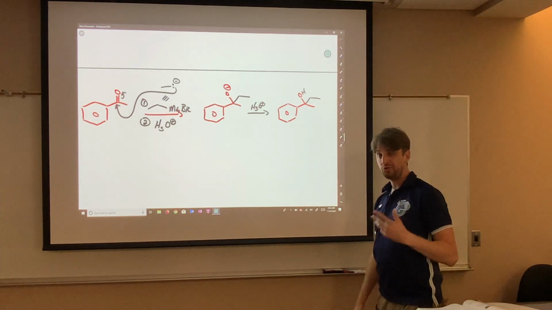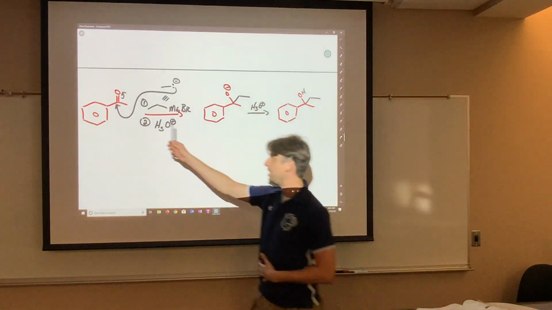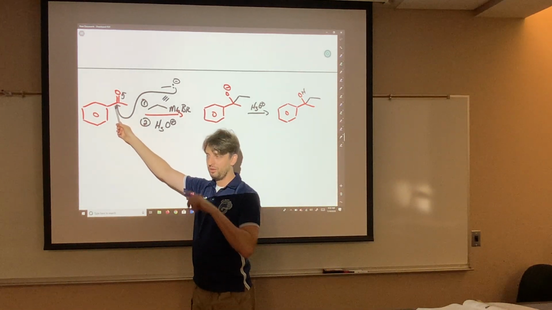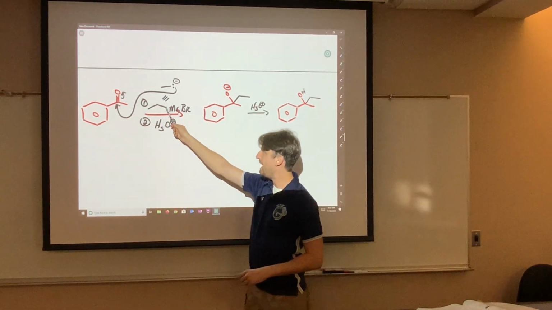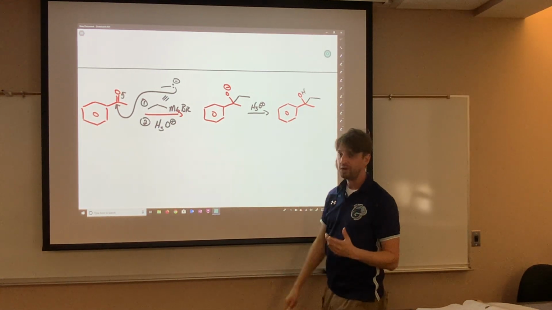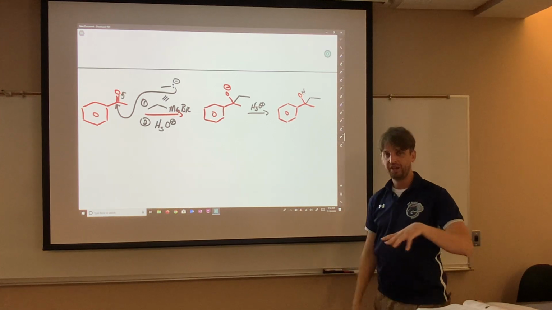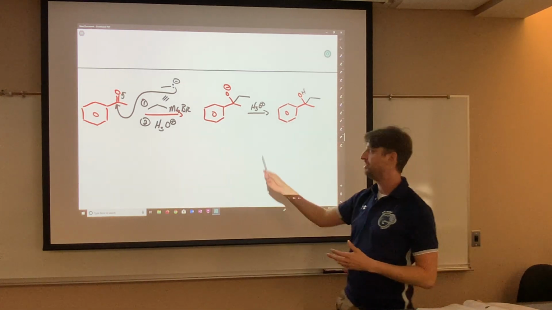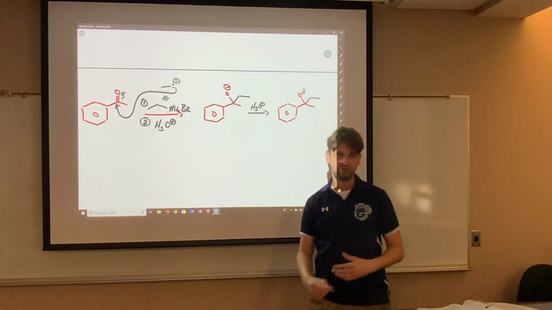What is the utility here? Well, now we took a carbonyl and we were able to add more carbons to it. We formed carbon-carbon bonds. Very powerful. What's the downside of this? The downside is we had to use an extremely powerful base to do this.